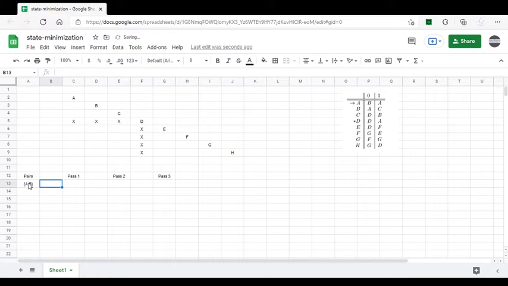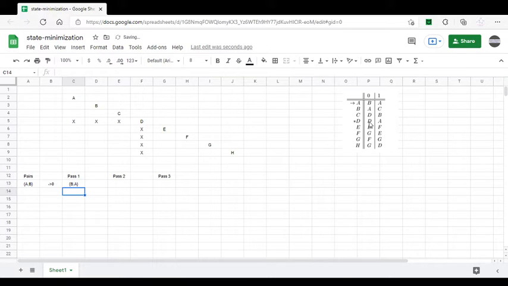Now I read a 0. Where does it take me? If I'm at state A and I read a 0, it takes me to B. And I'm at B and I read a 0, it takes me to A.